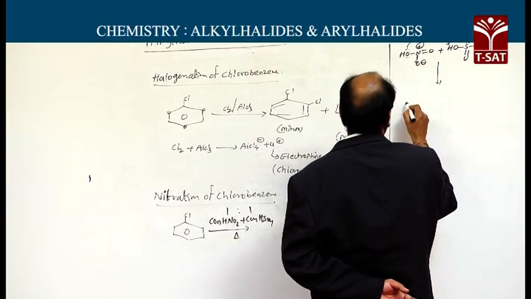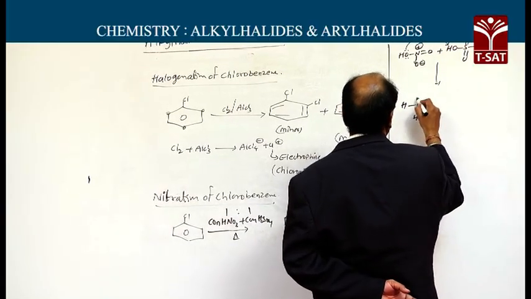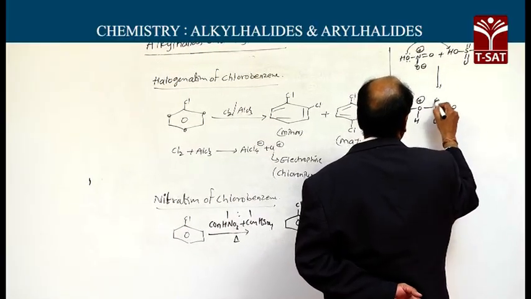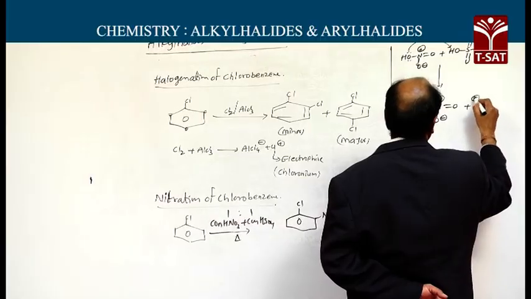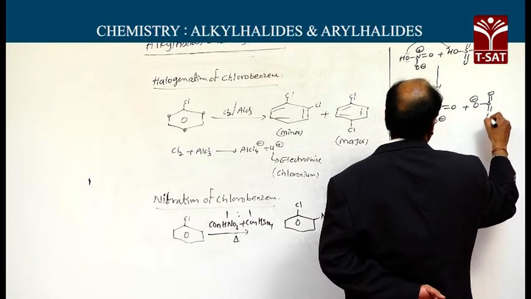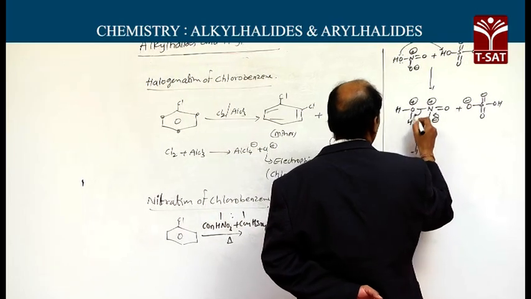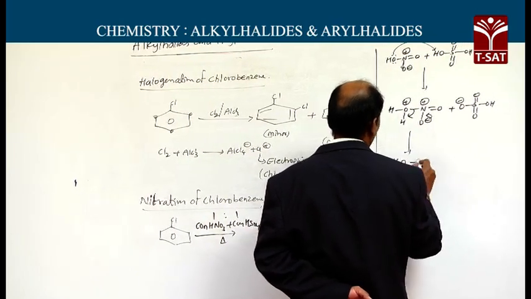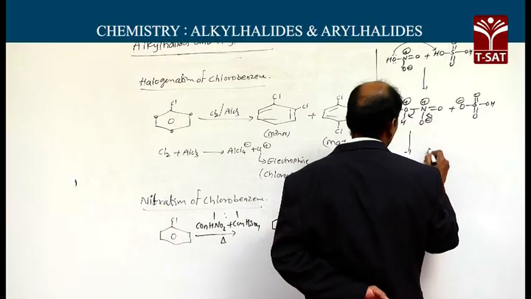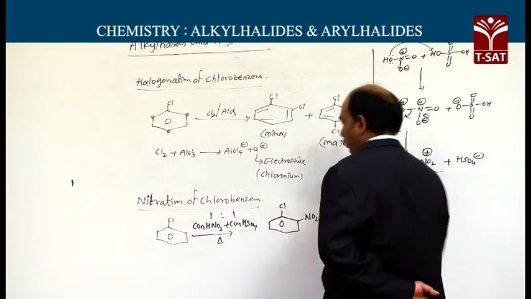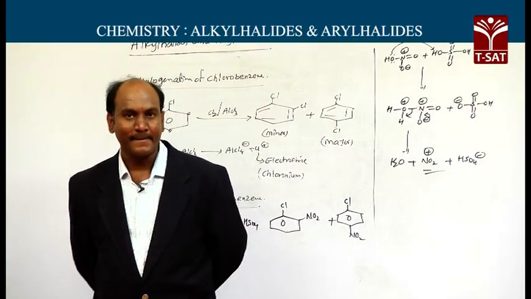Now this is H2O plus, N double bond O minus, and O minus, S double bond O, OH. Then the negative charge migrates, and loss of a water molecule takes place, giving water, the NO2 plus electrophile and HSO4 minus. So the NO2 plus electrophile is formed.